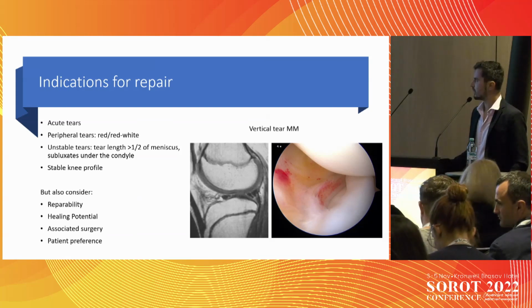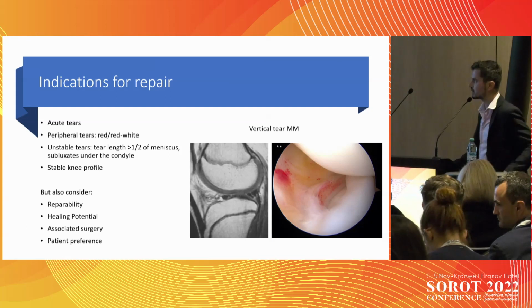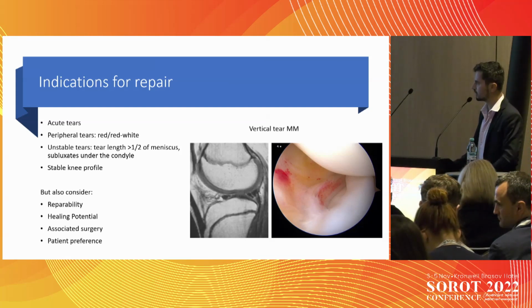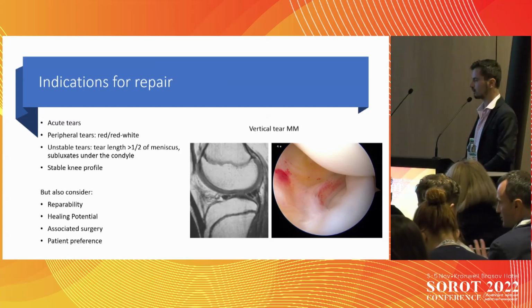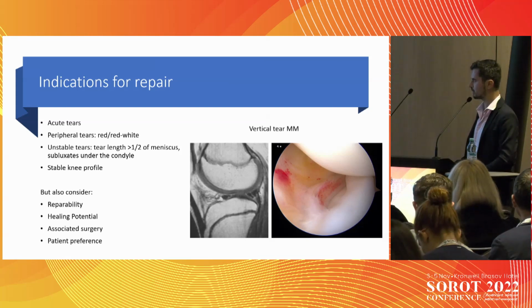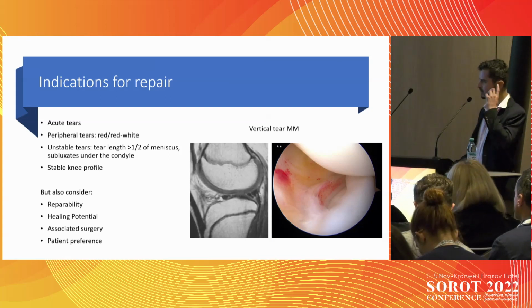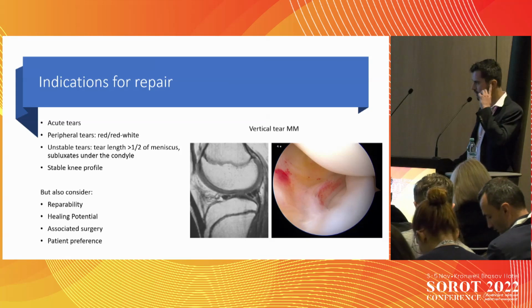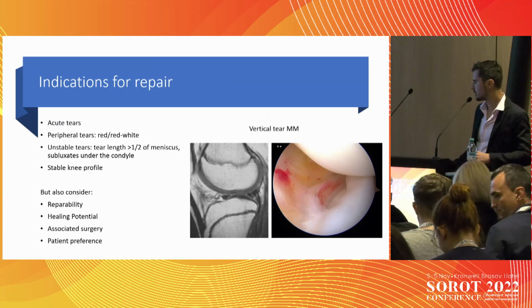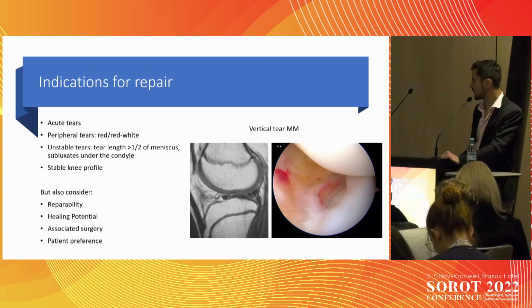Indication of repair: acute tear, peripheral tear, red and red-white zone, unstable tear, length more than one centimeter of meniscus, subluxated under the condyle, stable knee profile. But also consider reparability, healing potential, very important, associated surgery, and patient preference too.